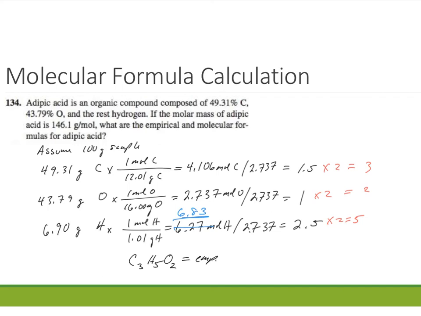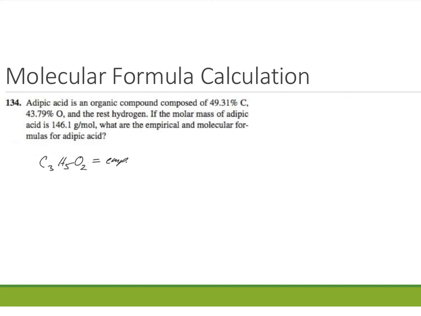To determine the molecular formula, I am going to take the empirical formula mass and divide it into the molecular mass, or the molar mass. So I'm going to determine the empirical formula mass much like I would any other. I add up all the masses for all the elements in the empirical formula, and I get approximately 73 grams per mole.